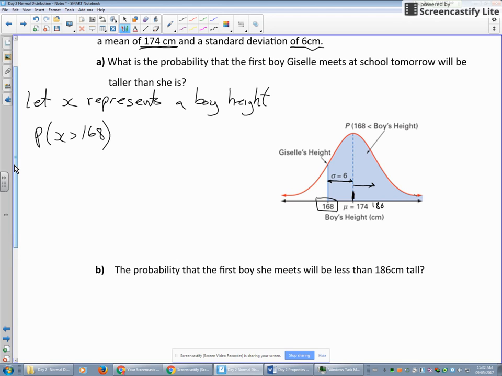Well, we know, because the data is normally distributed, that the probability of our mean subtract one standard deviation and the probability of the mean plus one standard deviation, we know that in between those two ranges, 68% of our data falls.